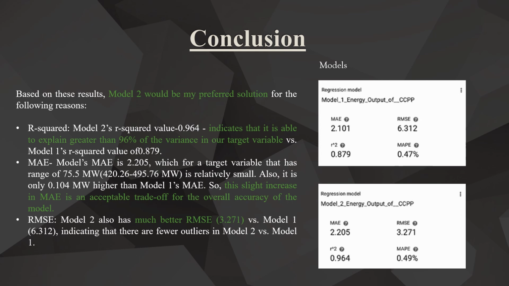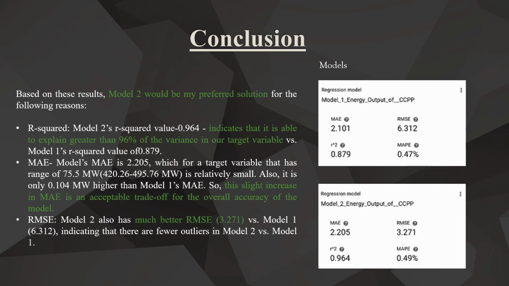But the slight increase in MAE, I believe, is an acceptable trade-off given the overall accuracy of the model. Lastly, Model 2 also has a much lower RMSE value compared to Model 1, which indicates there are much fewer outliers in Model 2 versus Model 1.